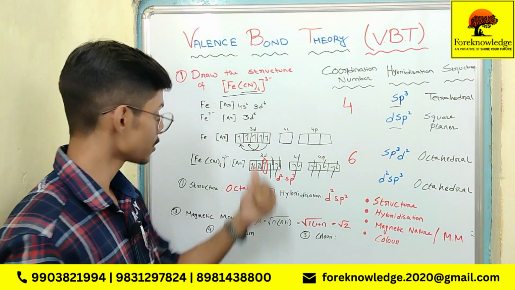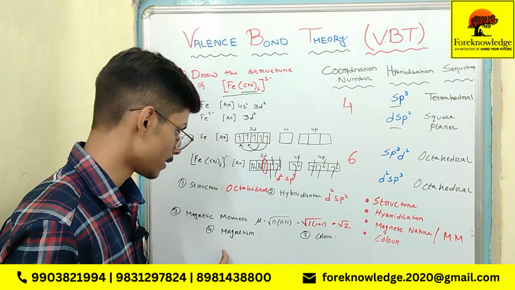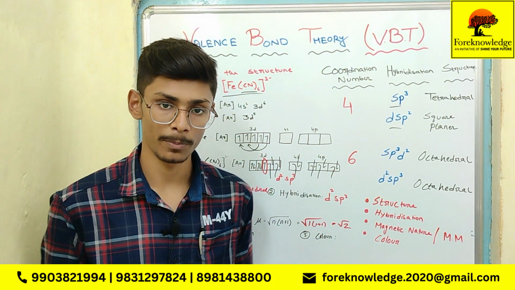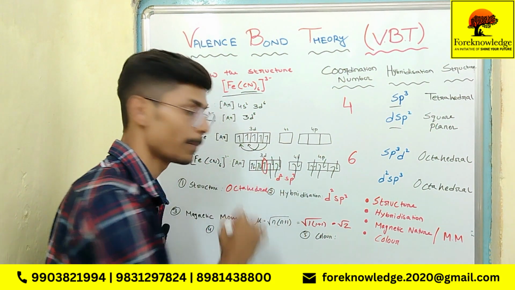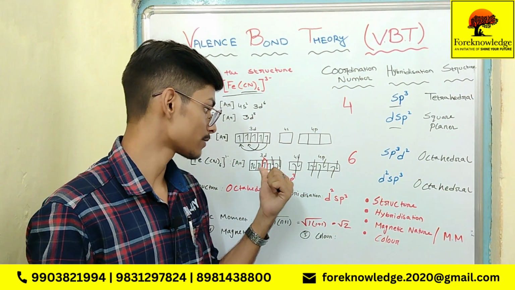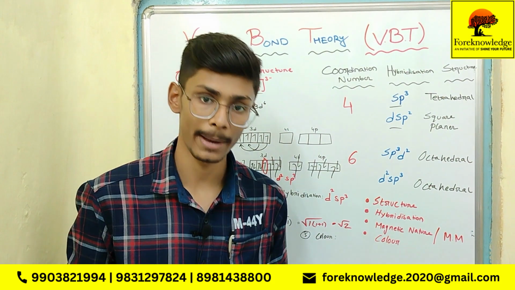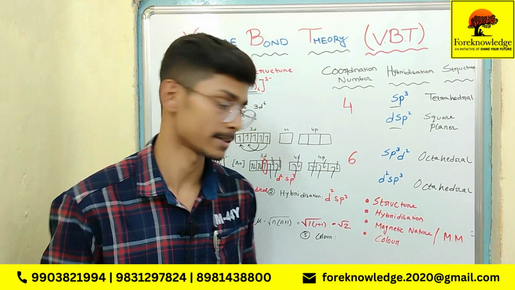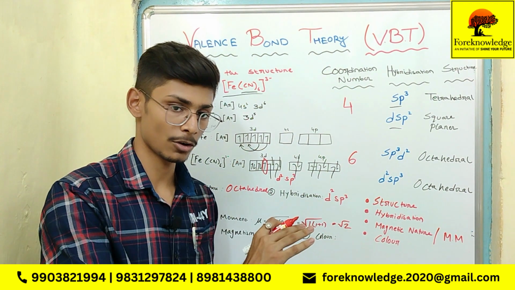So the magnetic moment of this compound is root 2. Now what will be its magnetism? It is a paramagnetic compound, because one unpaired electron is present. If no unpaired electrons were present, then it would be diamagnetic. So if one or more unpaired electrons are present, it is a paramagnetic compound.